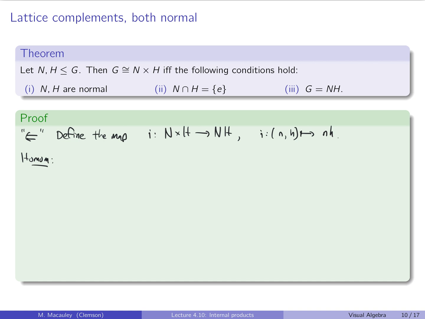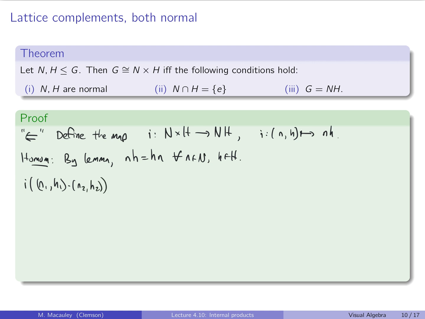By the lemma that we just proved, elements in N and H pairwise commute. So nh equals hn for all elements n and h in their respective subgroups. So now let's do I of (n1, h1) times (n2, h2).